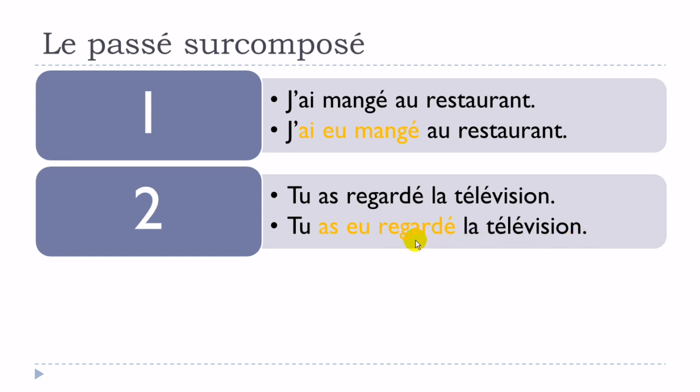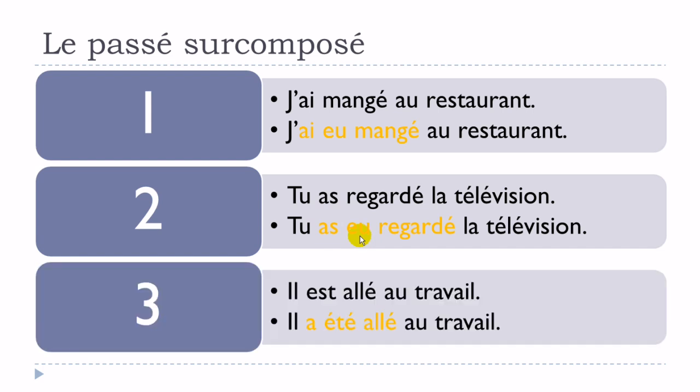We can see that it's exactly the same situation. We've got this regarder form, and it's exactly the same, so you don't need to bother about that. It's the first part that will change, because for the passé composé you've got this verb avoir in the present, and for this passé surcomposé you've got avoir in the passé composé form.